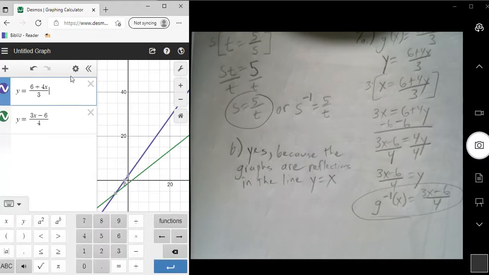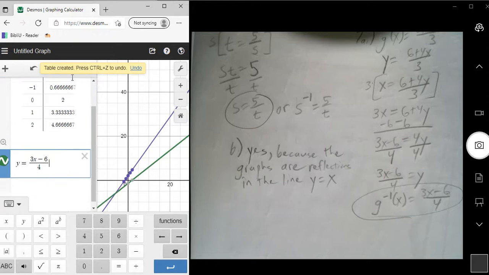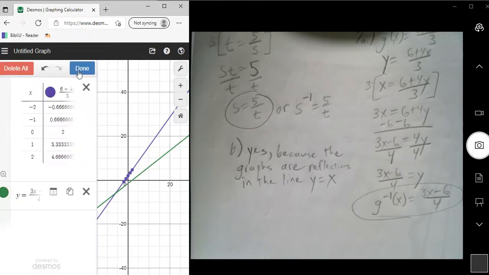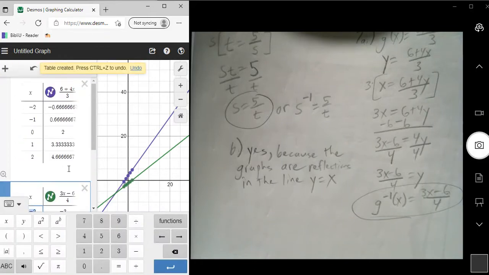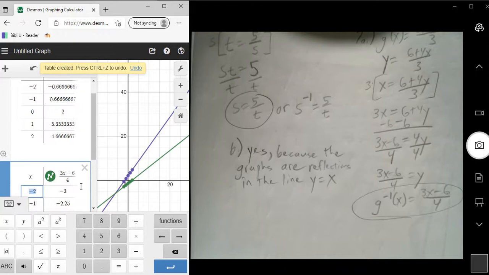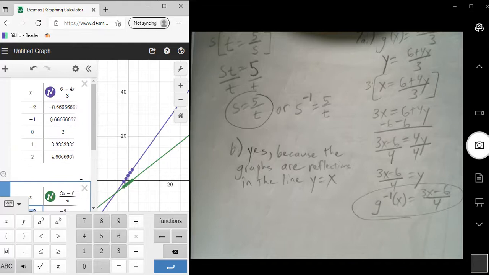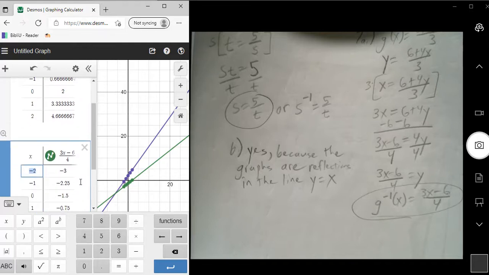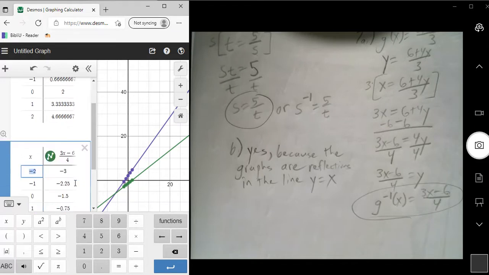Now, if you want to prove that, and this is where Desmos will come in handy again, we could go up here to this wheel, do a table here, and then I'm going to do a table here as well. Reflection, if you look here, they do have a couple things that is a little different here, but they do reflect across this line.